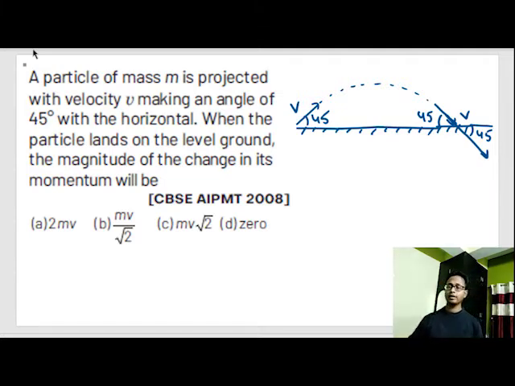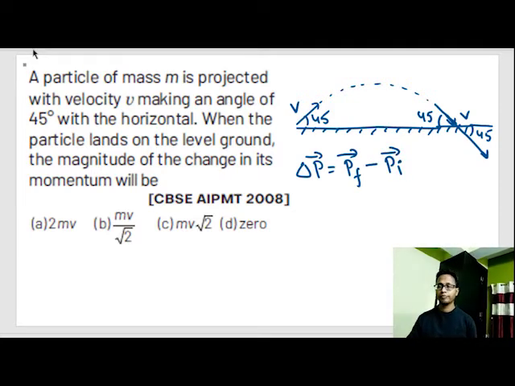Now the question is asking the magnitude of change of momentum. That means change of momentum is equal to final momentum minus initial momentum. Now momentum is a vector quantity. So what is the final momentum? Final momentum is in this direction with the magnitude of mass of the object into velocity of the object.